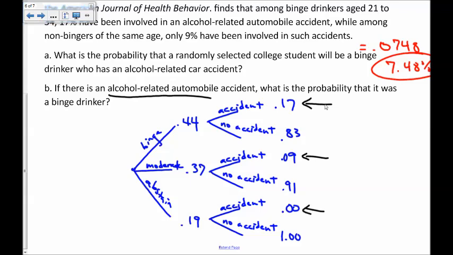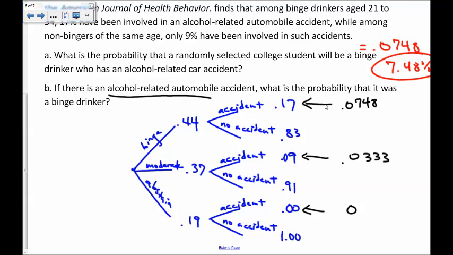So I just found that binge drinkers who were in an alcohol-related automobile accident is 0.0748. And I can similarly find it for moderate drinkers as 0.37 times 0.09 and get that to be 0.0333. And if I multiply 0.19 times 0.00, I get 0.